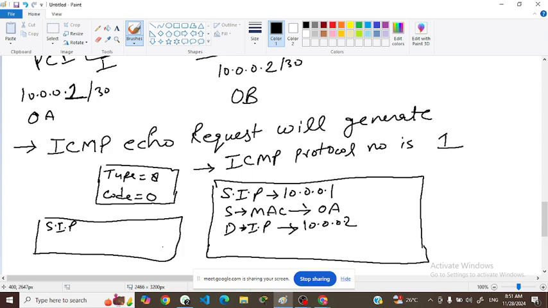Don't know. Will PC1 know about your PC's MAC address? No. So if PC1 didn't know about the MAC address of the destination, what will be the destination MAC address? Target MAC will be 0.